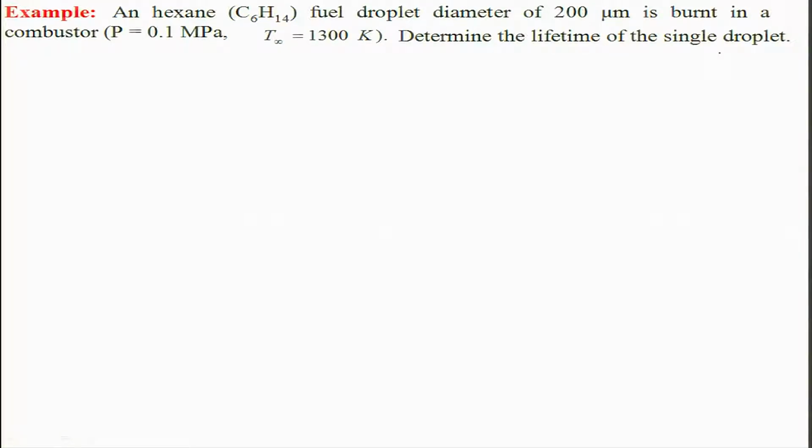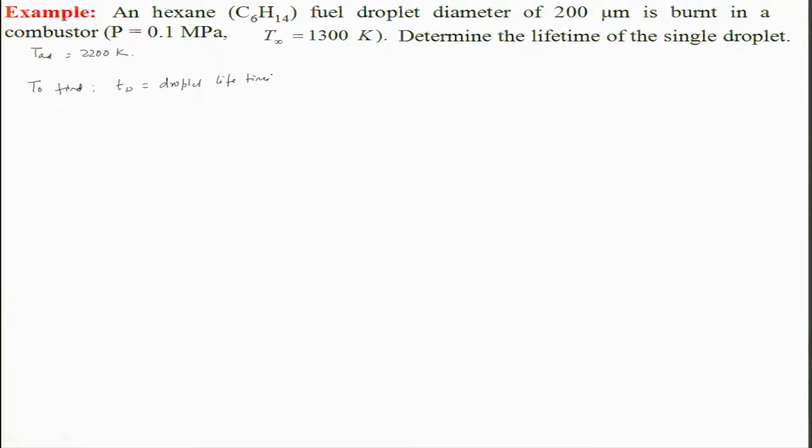And keep in mind that the T adiabatic in this example is given as something around 2200 Kelvin, and we will have to find out the droplet lifetime, or as some people call it, the droplet burning time or burning duration.